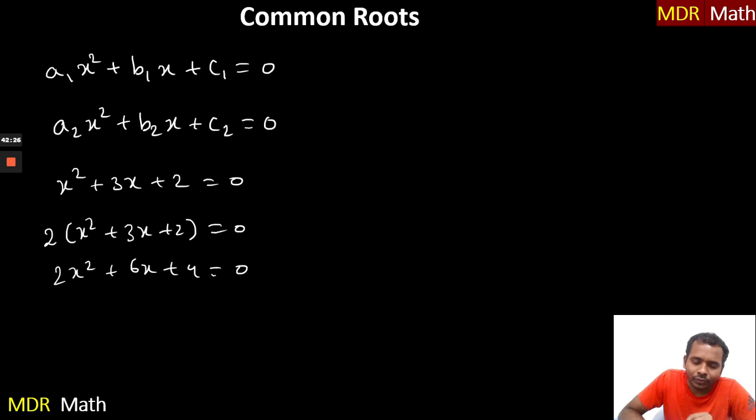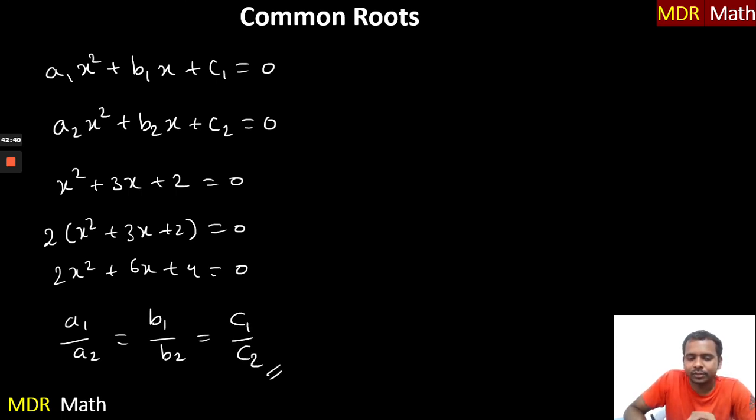What do you see? You see that the ratio of the corresponding coefficients remains equal, that means a1 by a2 will be equal to b1 by b2 will be equal to c1 by c2.